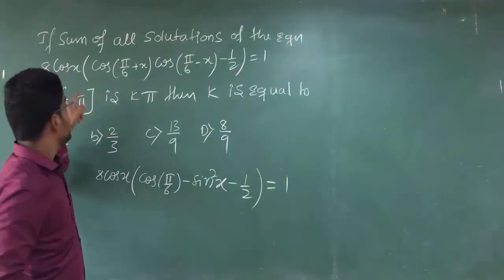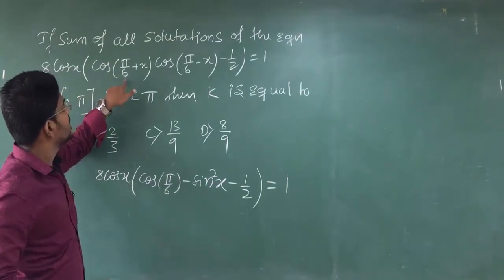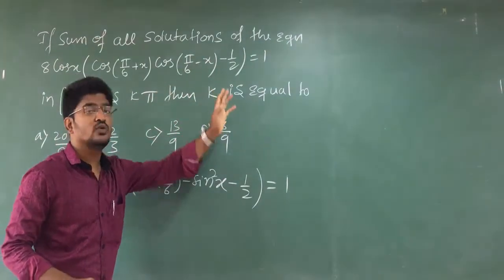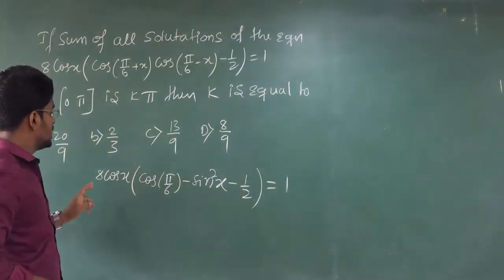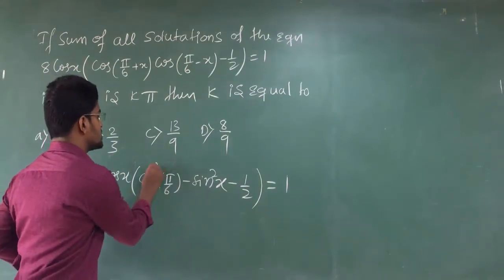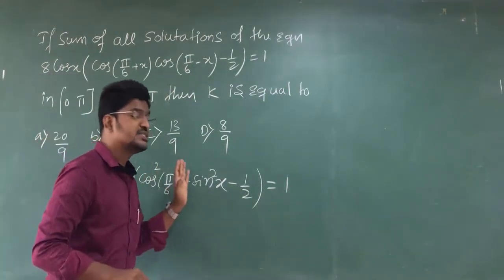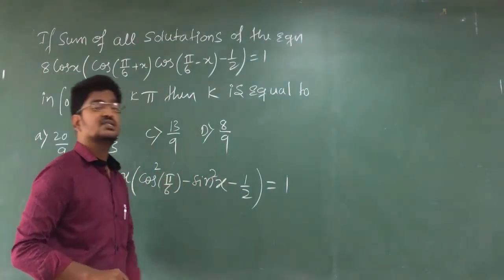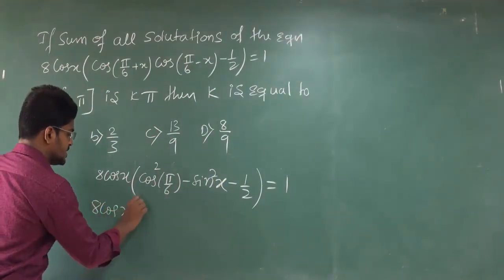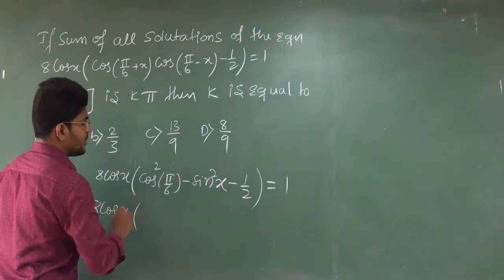So here what is given: 8 cos x cos a plus b cos a minus b minus 1 by 2 equal to 1. It can be written as 8 cos x, cos square a minus sin square b, minus 1 by 2. So now 8 cos x cos square pi by 6.